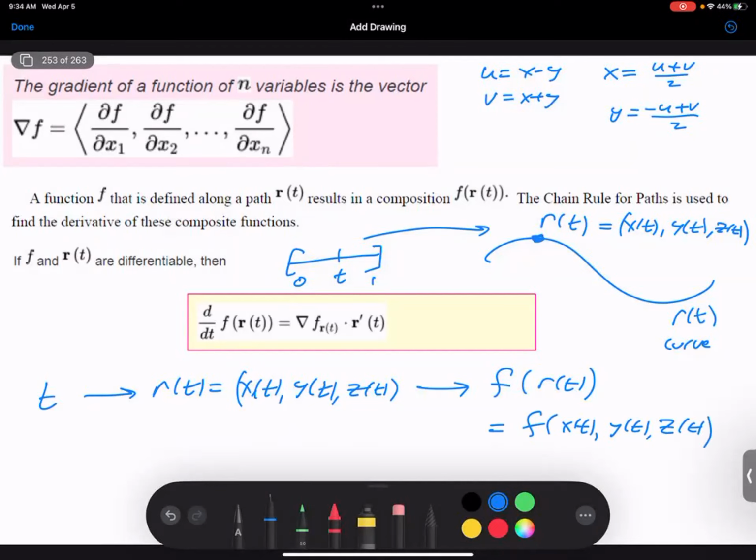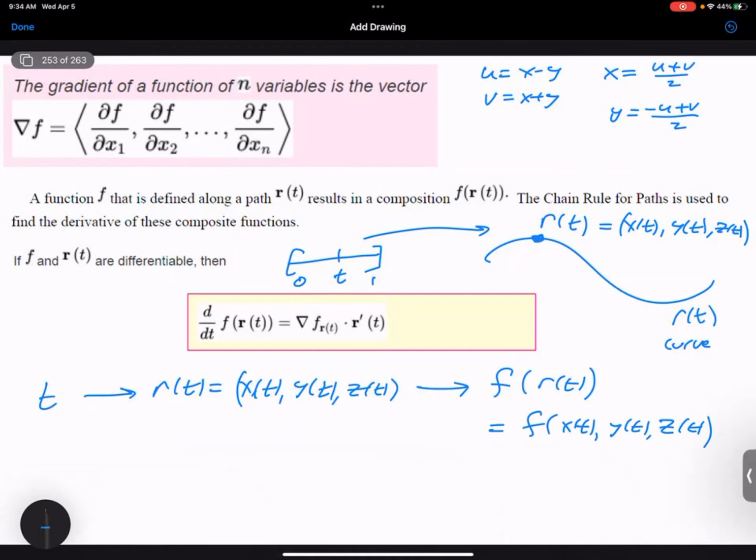And my function f takes 3 variables and outputs 1. My function r takes 1 variable and outputs 3. So the function f composed with r takes something with 1 variable and gives us something with 1 variable. It's always good to write down clearly, where are you starting, where are you ending?